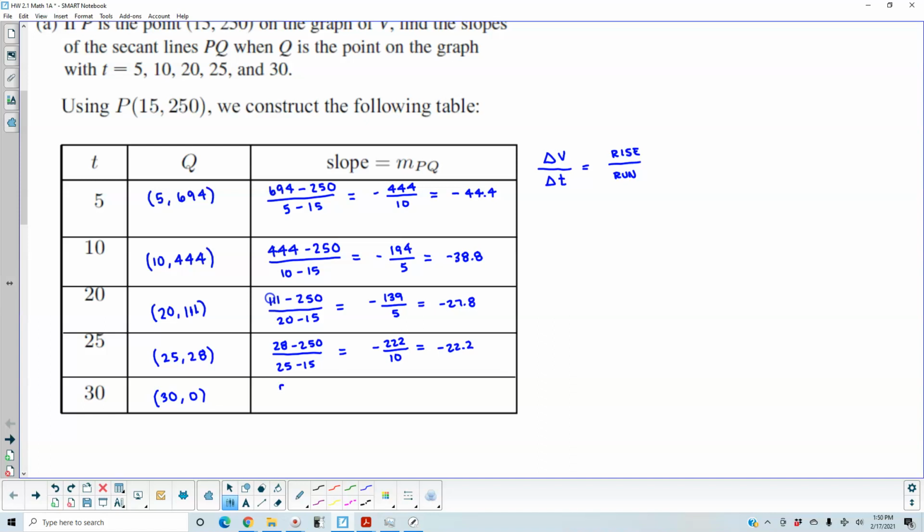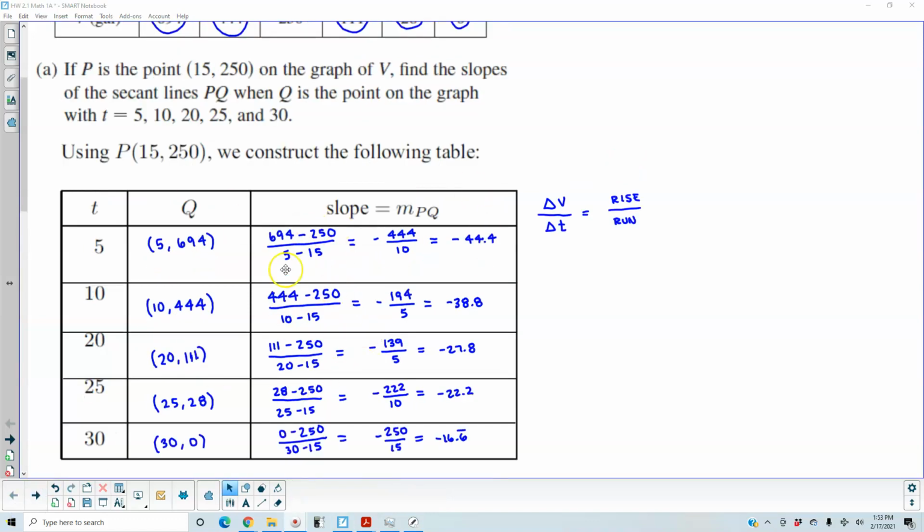And last, we're going to take 0, subtract 250, and then 30 minus 15, which gives us negative 250 divided by 15, which gives us a slope of negative 16.6, and that's repeating.